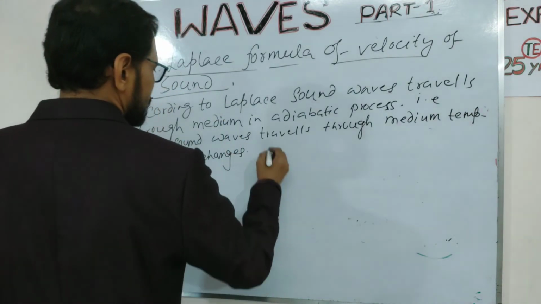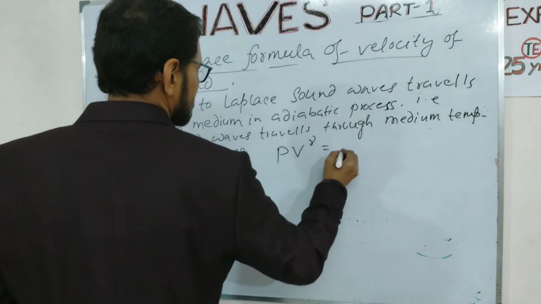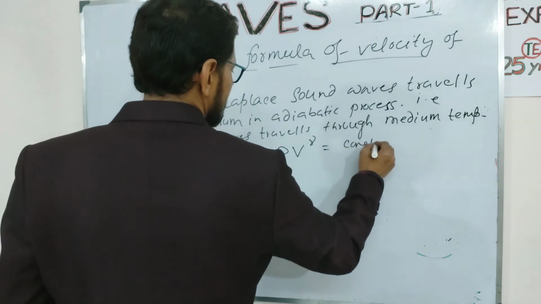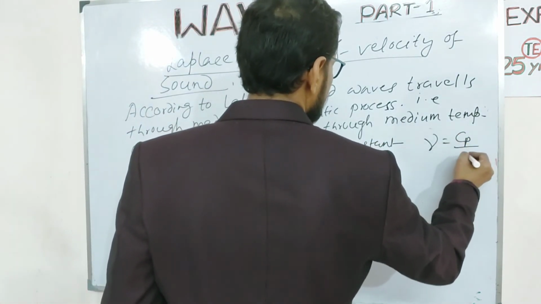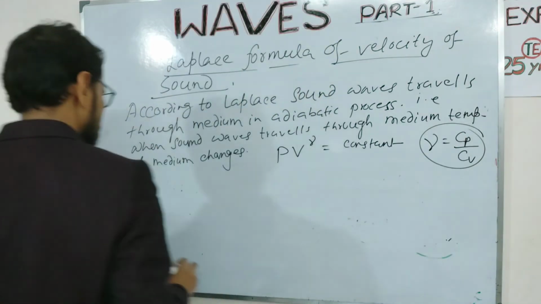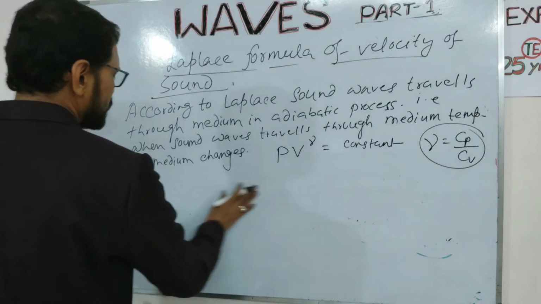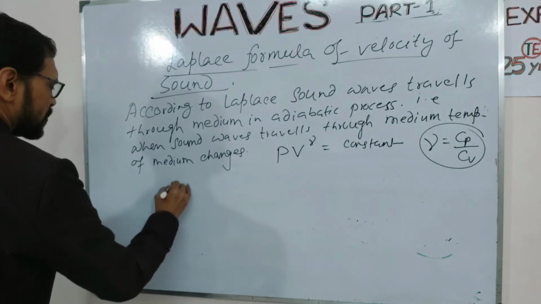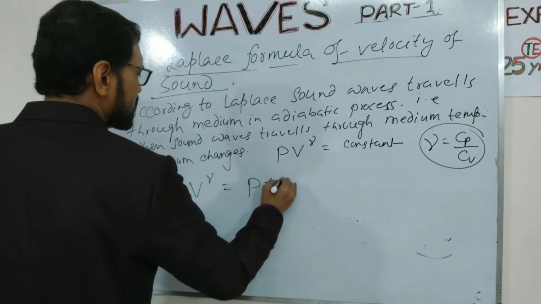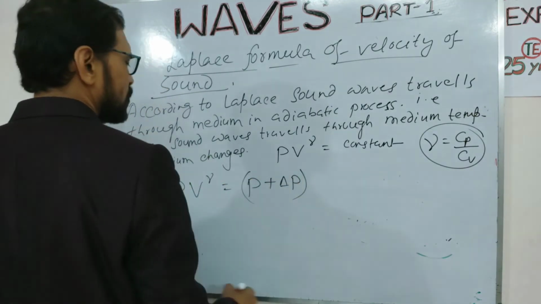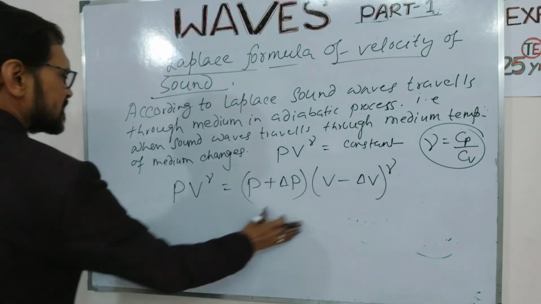Now in an adiabatic process, what is the gas equation? The gas equation will be P V to the power gamma equal to constant, where gamma equals the ratio of two specific heats, Cp by Cv. So if the pressure increases, then volume V decreases. Suppose initial pressure is P and initial volume is V, final pressure is P plus del P and volume becomes V minus del V. This is the initial condition, this is the final condition.